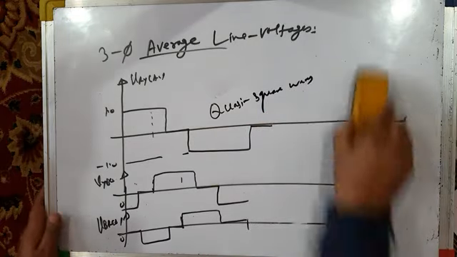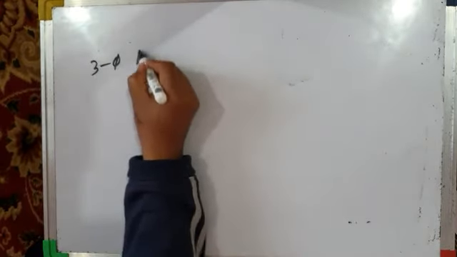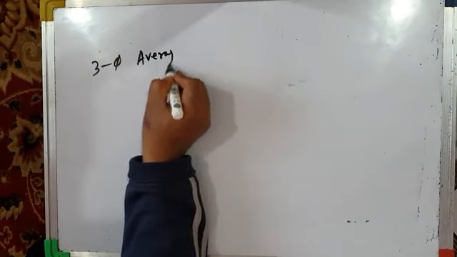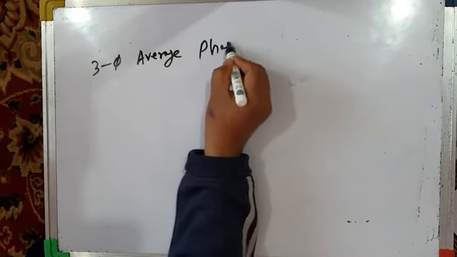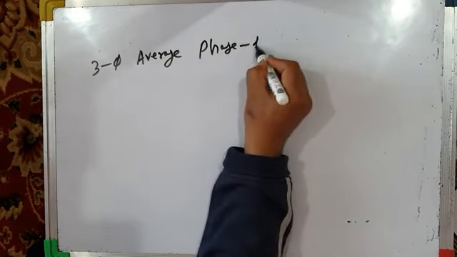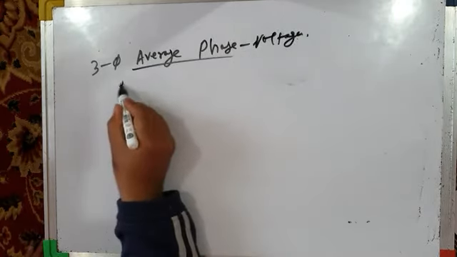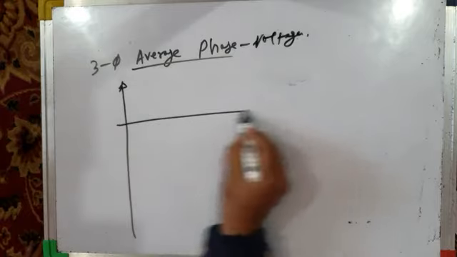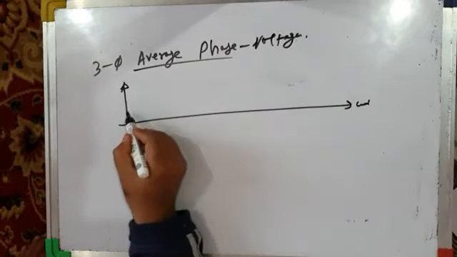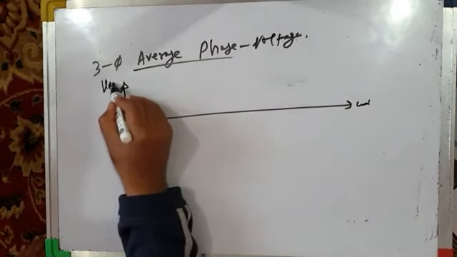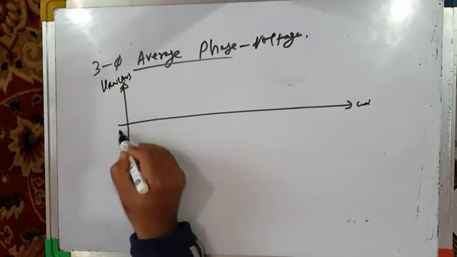And what about 3-phase average phase voltages, line to neutral voltages? They will be 6-step voltages like this. This is say VRN average phase voltage.